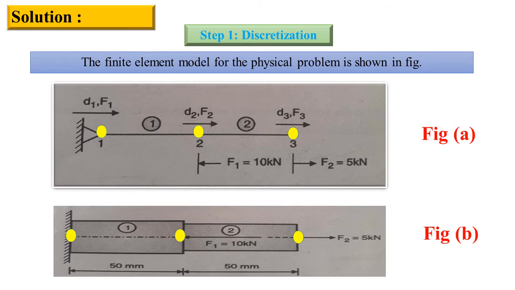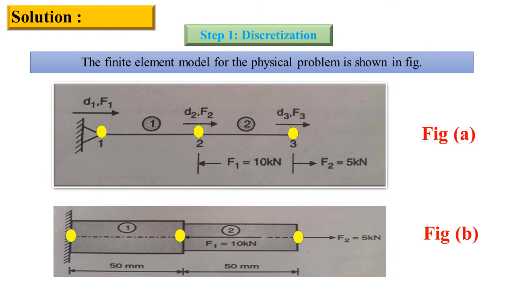So F1 doesn't mean 10 kilonewton here, and F2 doesn't mean 5 kilonewton. They are different. F1 means force present at node 1, and as there is no force present at node 1, it will be 0, and we will not consider it as 10 kilonewton.